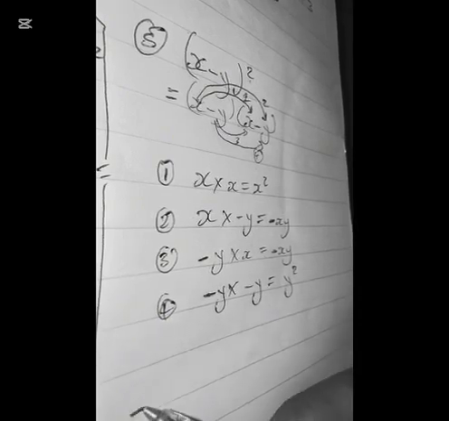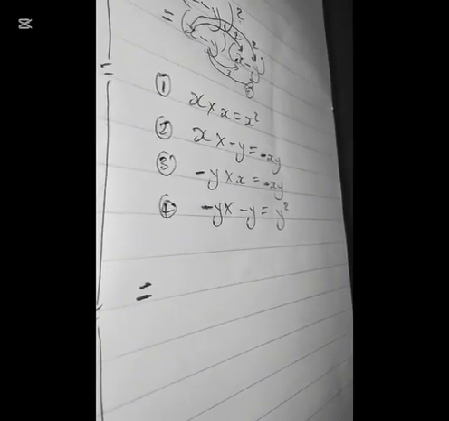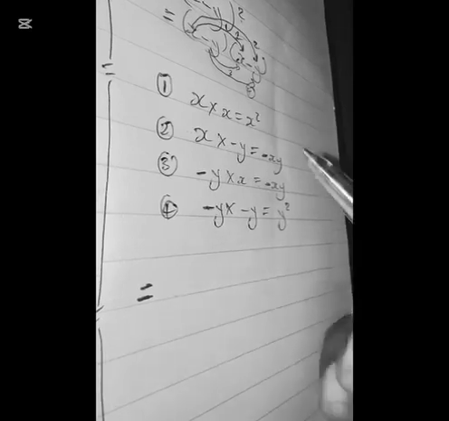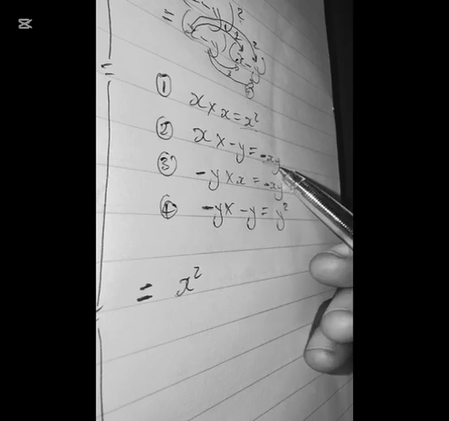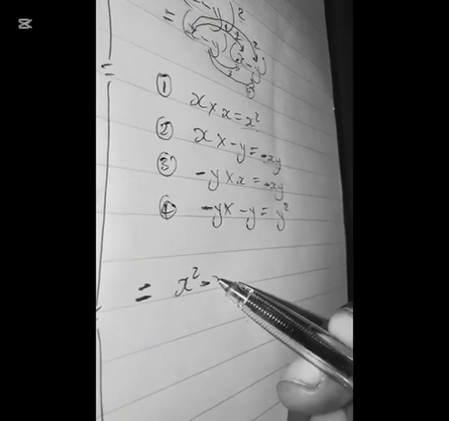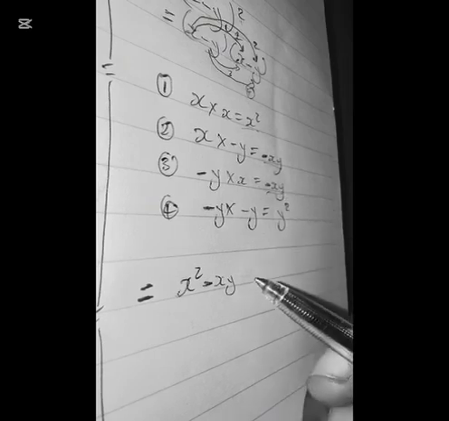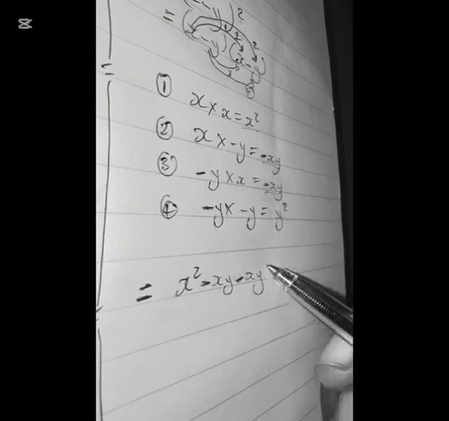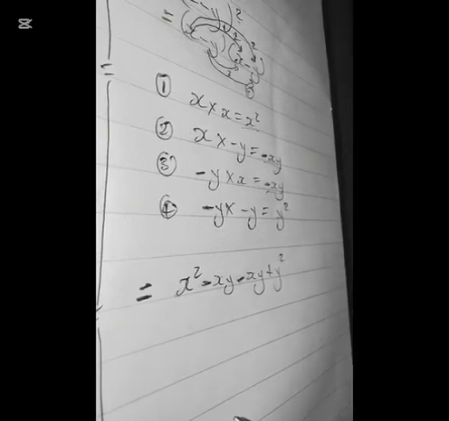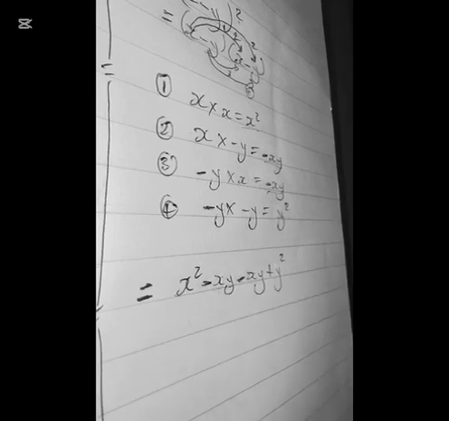Then from there, we know that the first term is this one, x squared. Then the second term is negative xy. The third term is negative xy again. Then the last term is y squared. Then from here one can know that the xy terms are like terms.